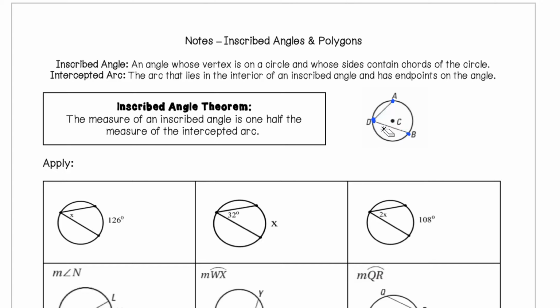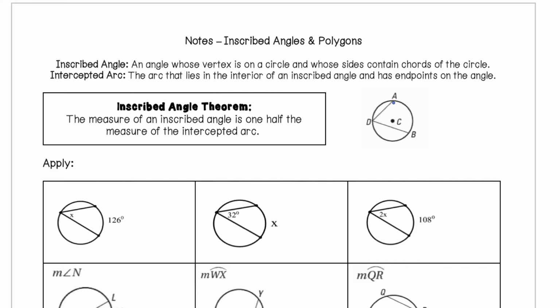The intercepted arc is the arc that lies in the interior of an inscribed angle and has endpoints on the angle. So the intercepted arc of this inscribed angle would be arc AB. So our inscribed angle theorem states that the measure of an inscribed angle is 1/2 of the measure of the intercepted arc.